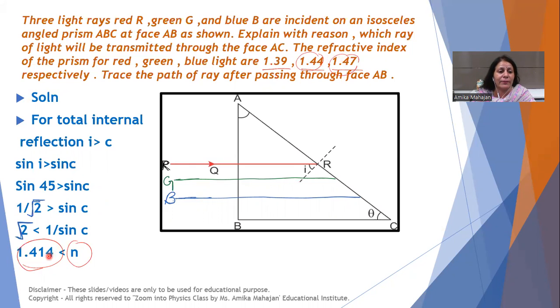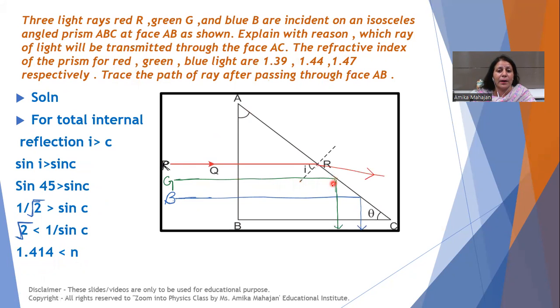They have more refractive index as compared to this value. So these colors will be internally reflected, and 1.39 refractive index, which is for red color in case of the prism, will not be internally reflected, rather it will be transmitted.